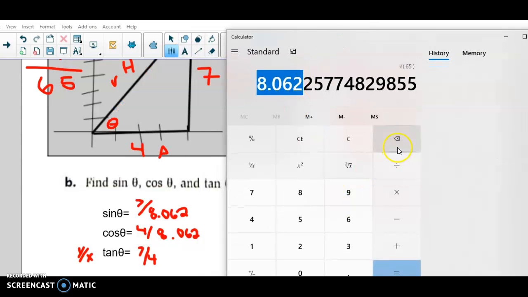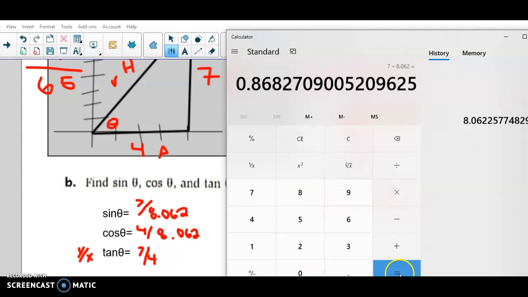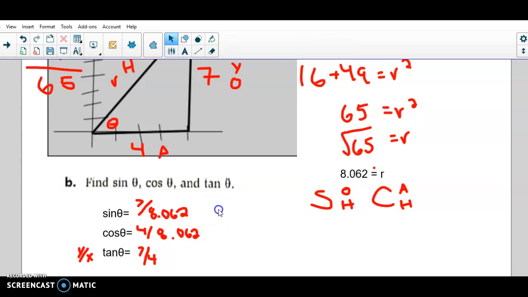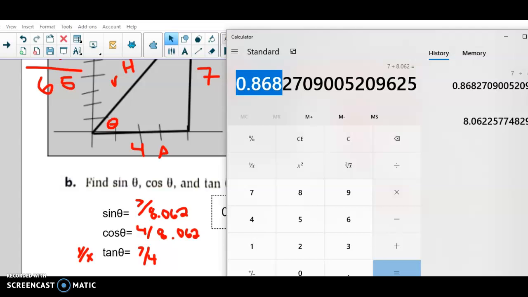Let's do some math on this to figure out what each of these are, and let's write out the answer. Let's clear this out. The first thing we have is 7 divided by 8.062. Okay, 0.868. Let's type that in. All right, cosine.